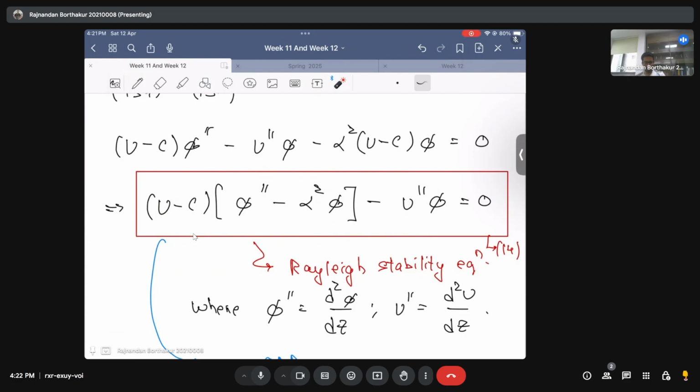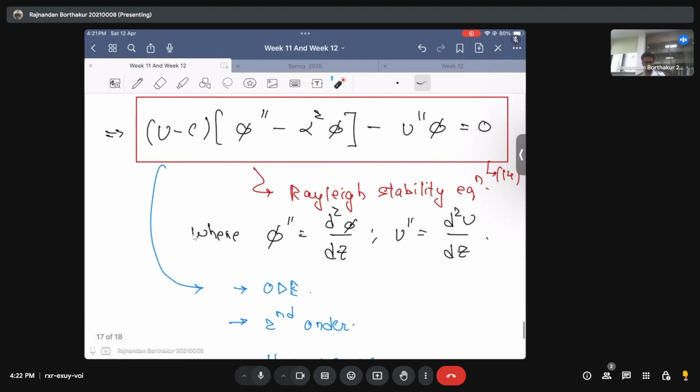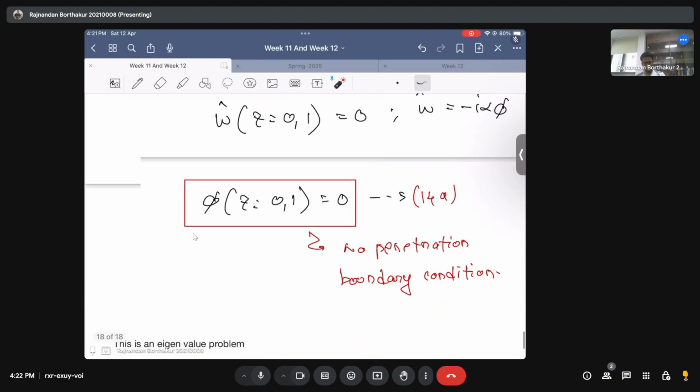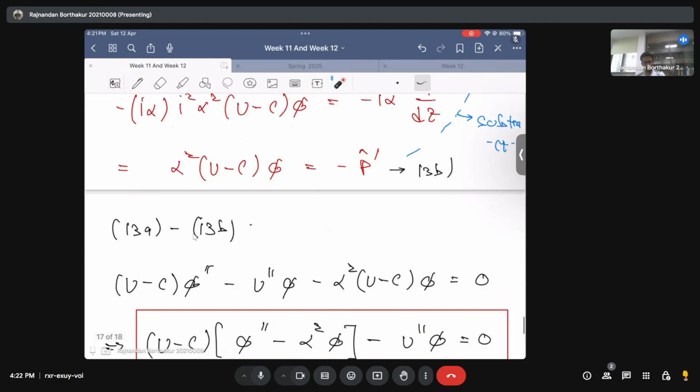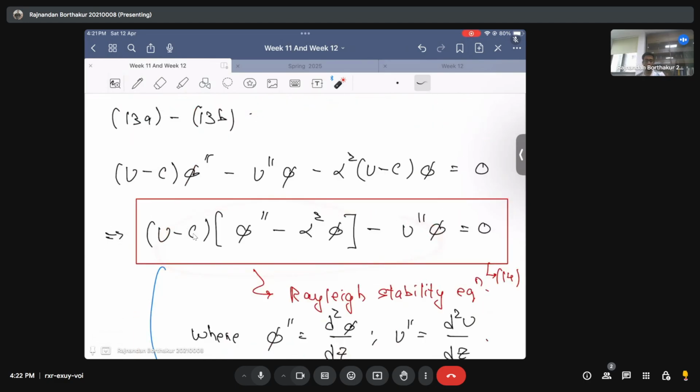But today, let's not go into much deeper details of this. So this is the given equation that phi satisfies. That is the Rayleigh stability equation. You can appreciate the number of steps that we used just to get this equation. This equation itself is so powerful, because this is just a single equation that determines how the perturbations will vary.